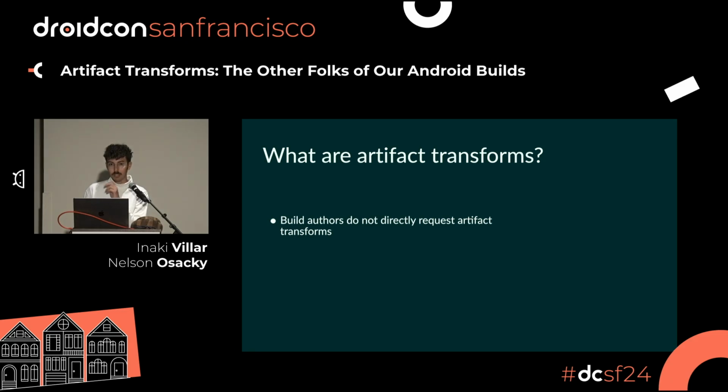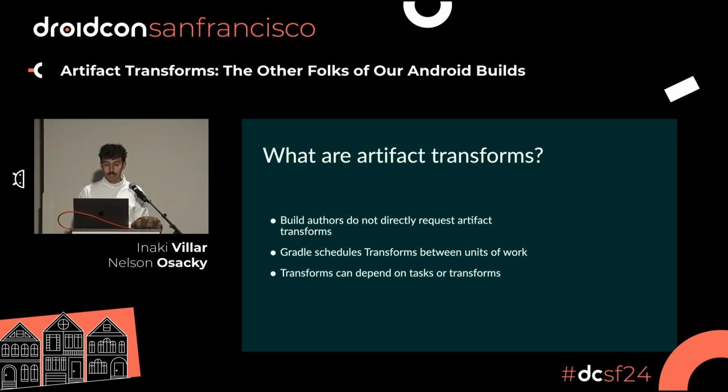So with a Gradle task, you say, hey, run this task, but you don't say, hey, run this transform. What you do is you request a dependency with a certain attribute, and then Gradle automatically schedules transforms between units of work in order to get you that dependency. And transforms can depend on tasks or on transforms to form a chain of transforms.